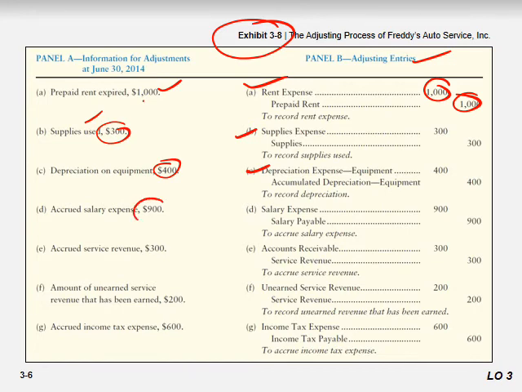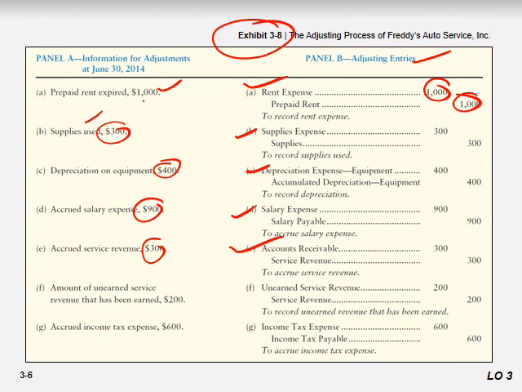Accrued salary expense: salaries occurred but have not been paid. So we create a liability, which is salary expense to salaries payable. Accrued service revenue, which is 300, means service revenue occurred but has not yet been received. So we create an account receivable: account receivable to service revenue.